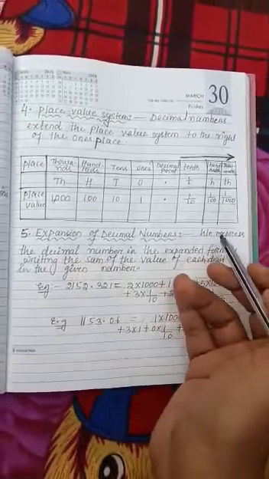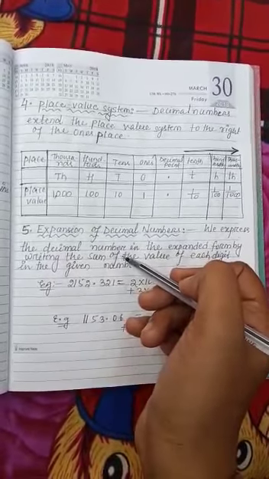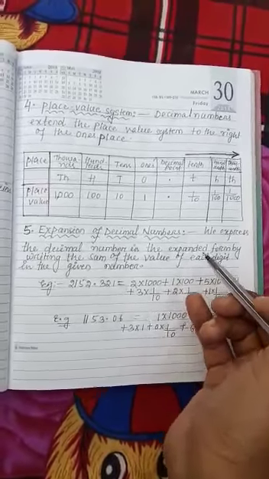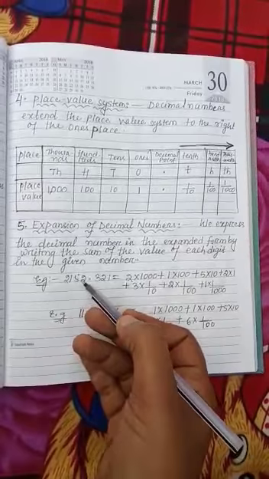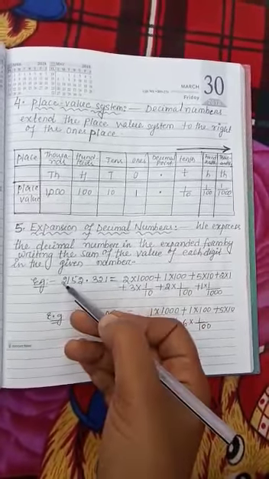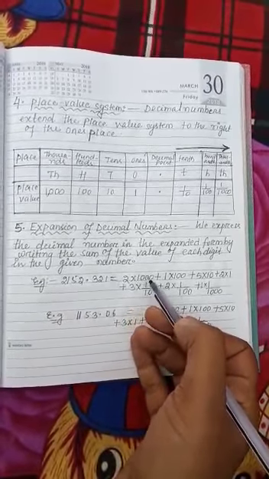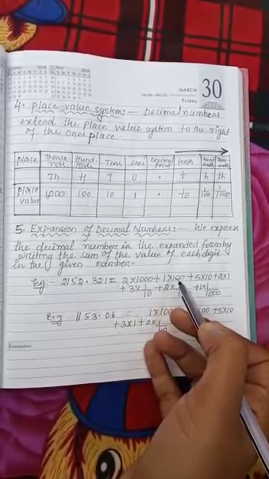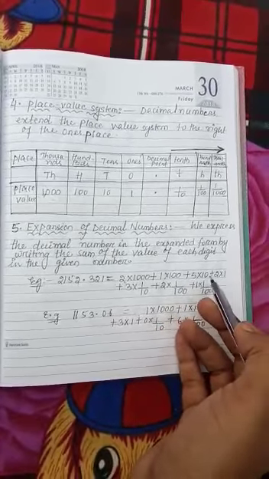Then expansion of a decimal number. We express the decimal number in expanded form by writing the sum of the value of each digit in the given number. For example, 2152.321. The place value of 2 is 2000, 2 into 1000, plus 1 into 100, plus 5 into 10, plus 2 into 1.